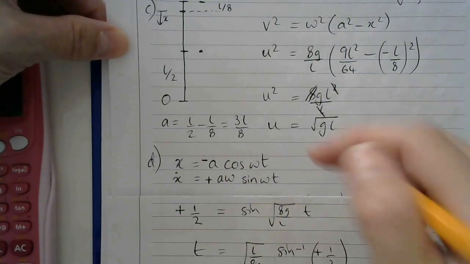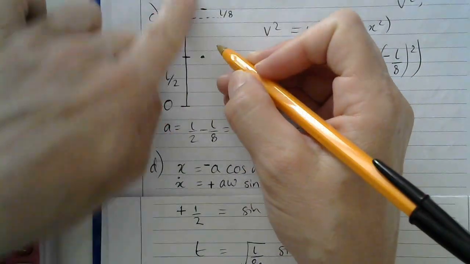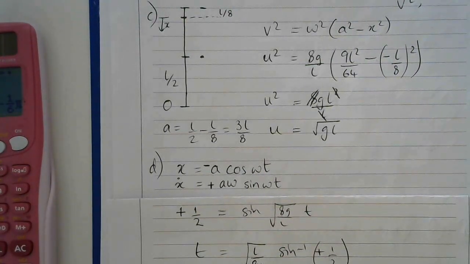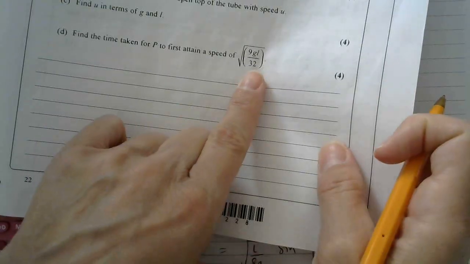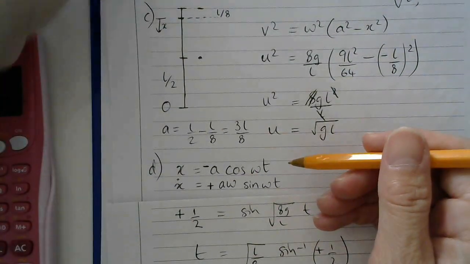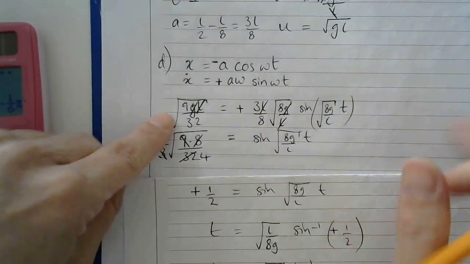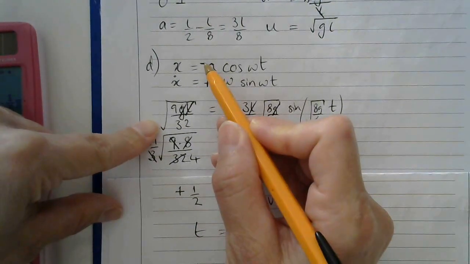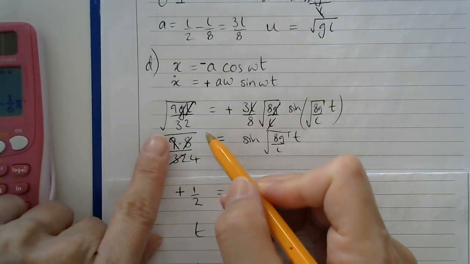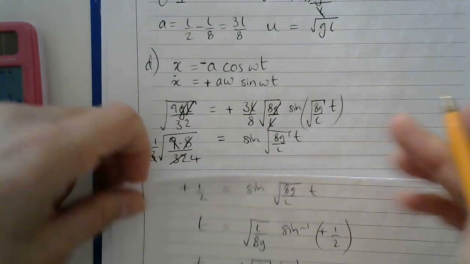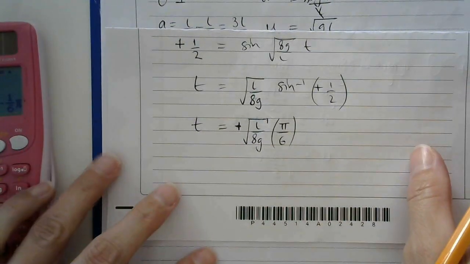But the velocity is in fact upwards, and so when I put in this value, this said it first attained a speed of this, but really I should have put this in to be negative. So whether you adjust it by changing this, or by changing this to something negative, either way, you will end up with that positive value of t.